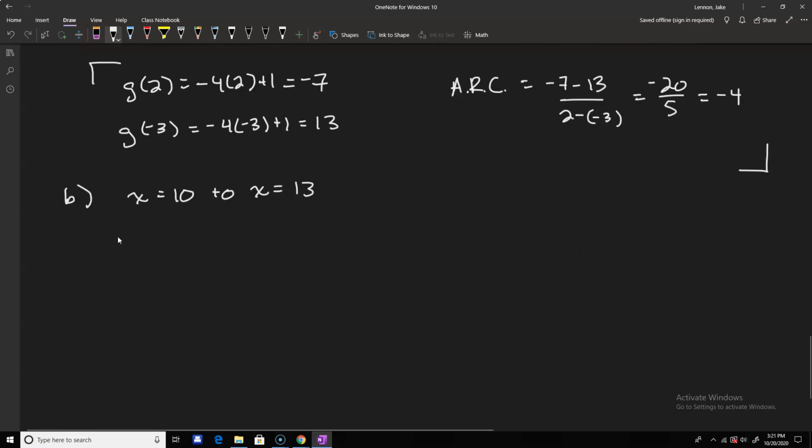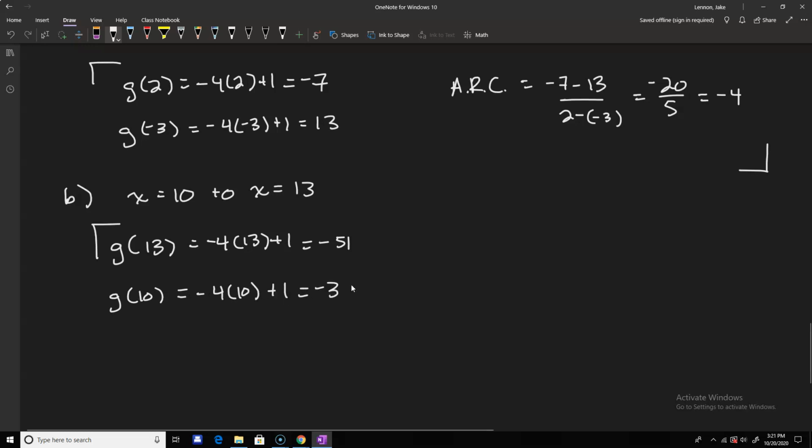Okay, so we start off with g of 13. So that's -4 times 13 plus 1, which comes out to -51. And then we have g of 10, which is -4 times 10 plus 1, which is -39.